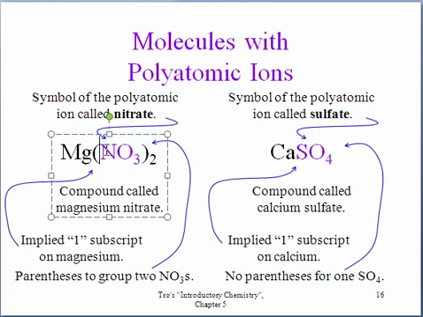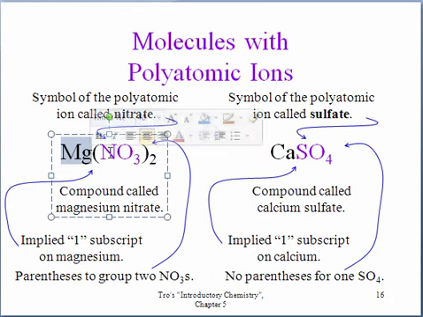Now the thing about polyatomic ions is they always stay together. This polyatomic ion is known as nitrate, and soon you'll know all the names of the common ones. Nitrate always has a nitrogen and 3 oxygens, and it will always be in an ionic compound with a metal.